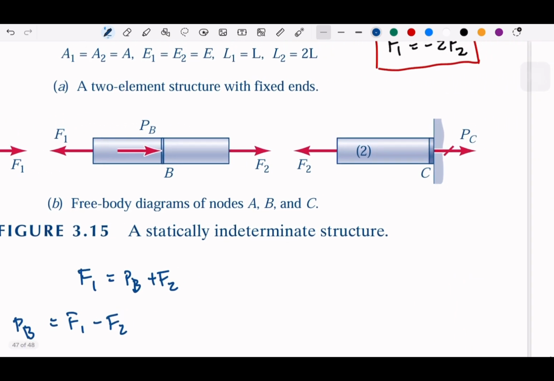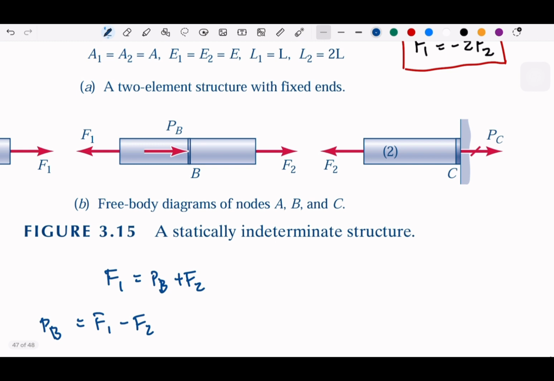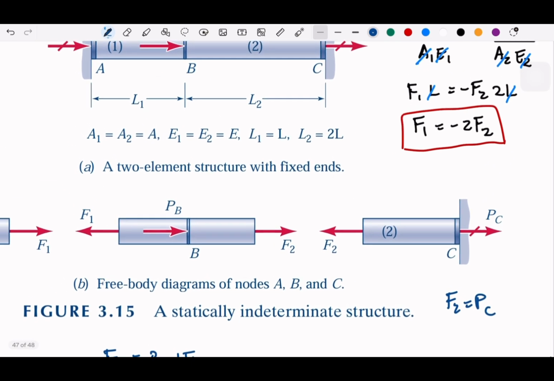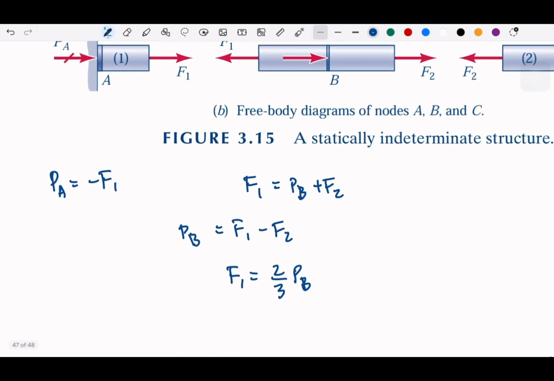And then here we have PC, so F2 is equal to PC. To make sure that we get PB, we can also write F1 equal to 2 over 3 PB, resulting from these equations.